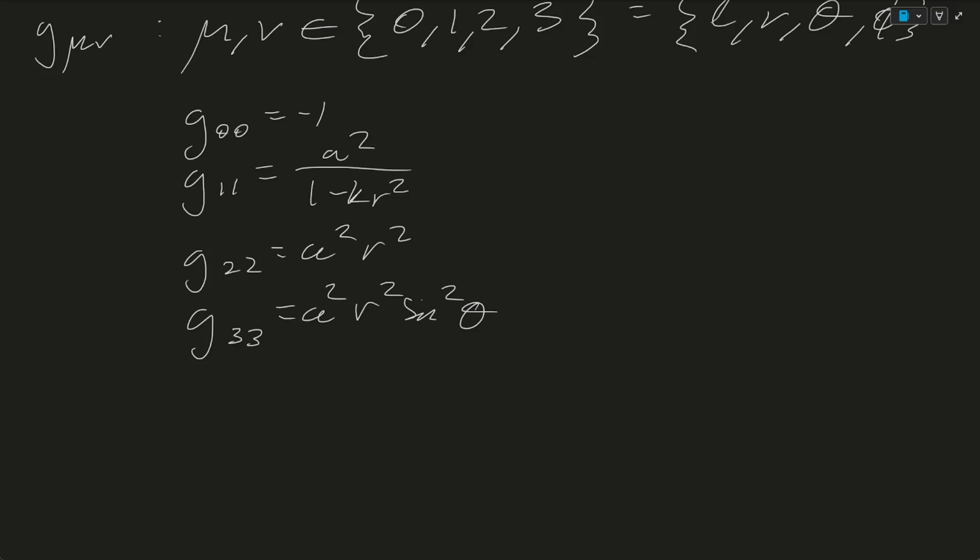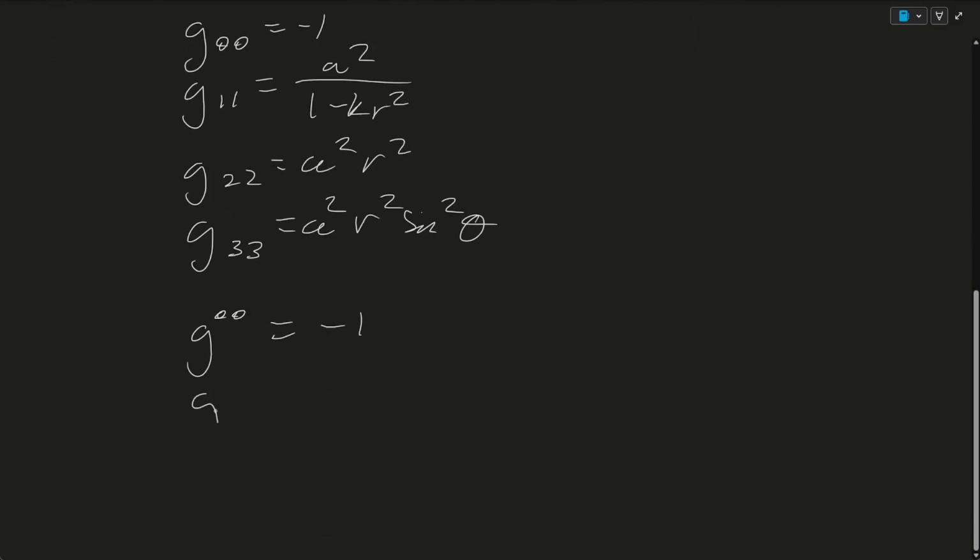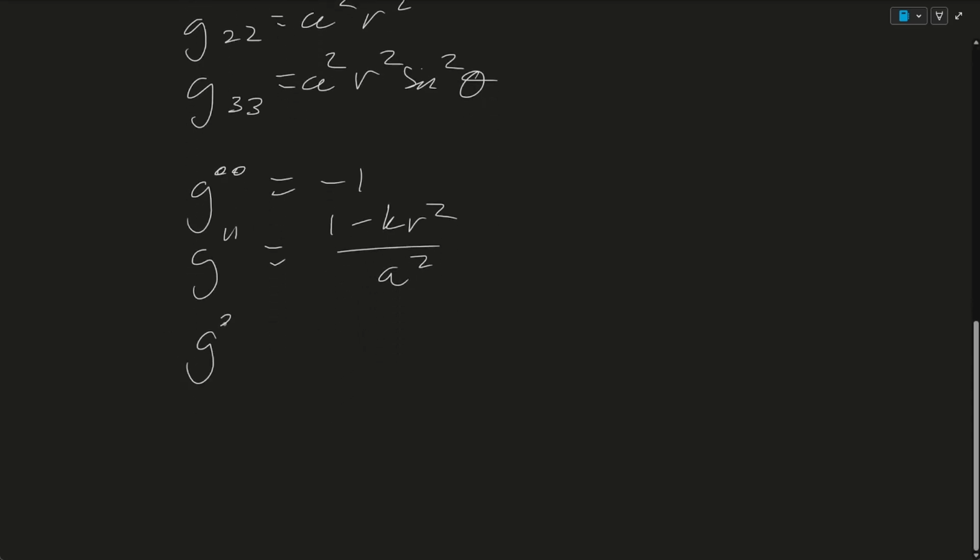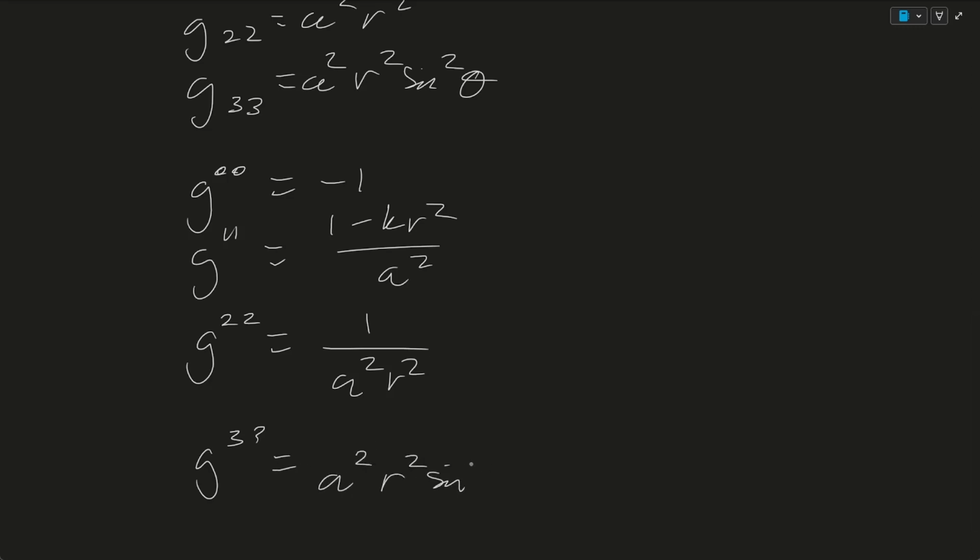Oh, mind blank. So using our Kronecker delta, we can then find components of the inverse. So g00 is equal to -1, g11 is equal to 1 minus k r squared over a squared, g22 is equal to 1 over a squared r squared, and g33 is equal to 1 over a squared r squared sine squared theta. That's a squared there, not r, sorry.